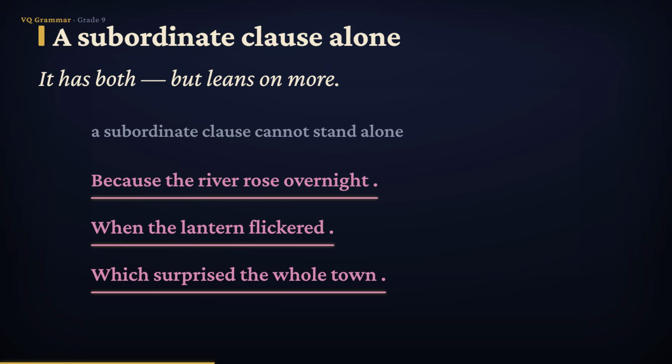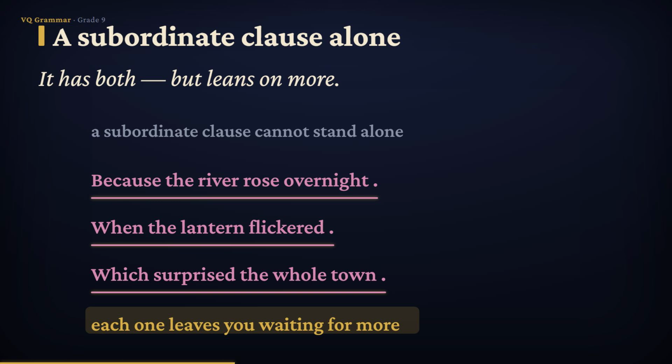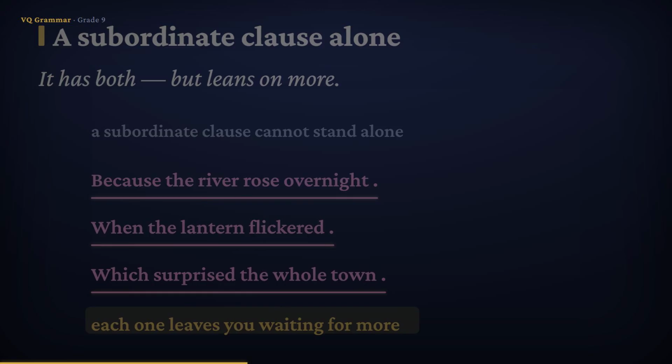Each of those has a subject and a verb hiding inside it, so your ear almost accepts them. But that opening word, because, when, which, makes a promise it never keeps. Every one of them leaves you waiting for more, waiting for the main idea that's supposed to follow. On its own, a subordinate clause simply cannot stand alone.